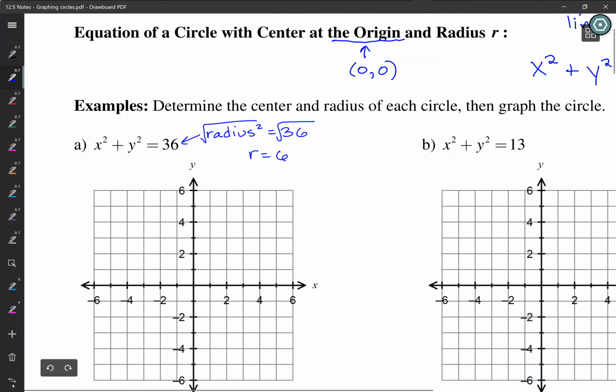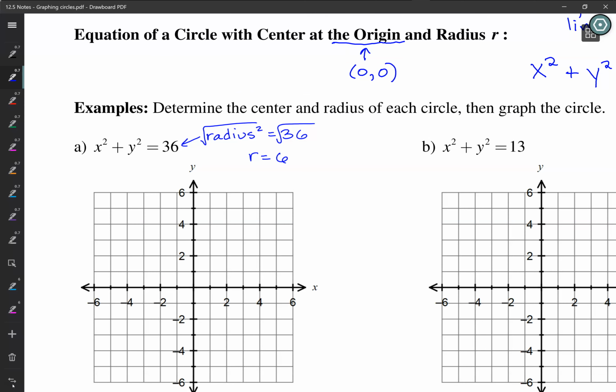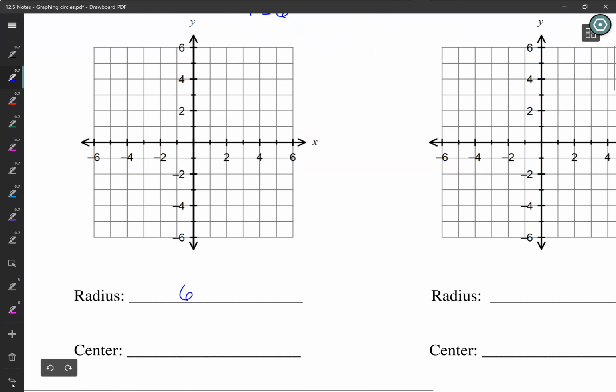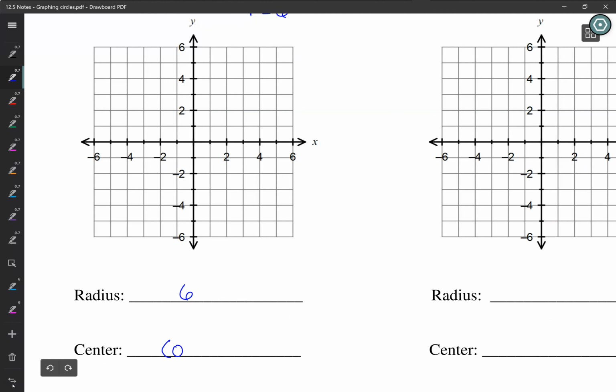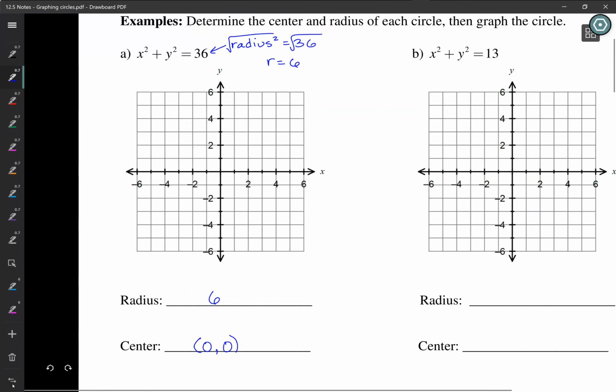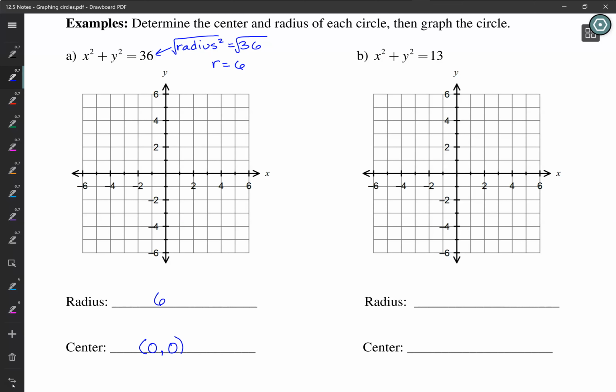Now so far we're only talking about circles with a center at 0, 0. So the center of this circle is going to be at 0, 0. We'll talk in a minute about what to do and what the equation looks like if the center is somewhere else.